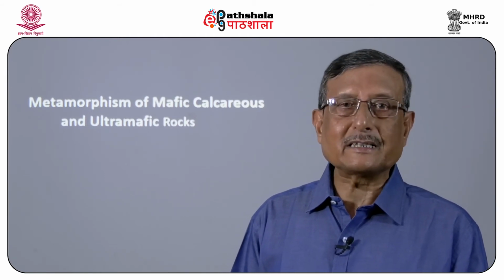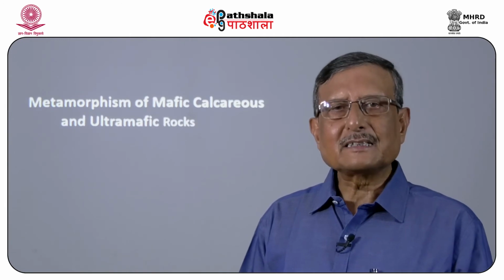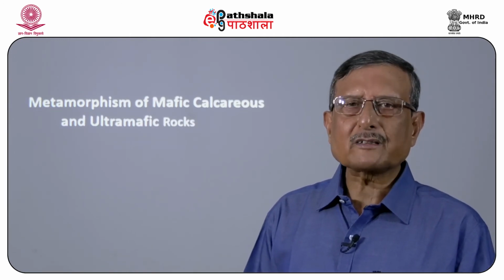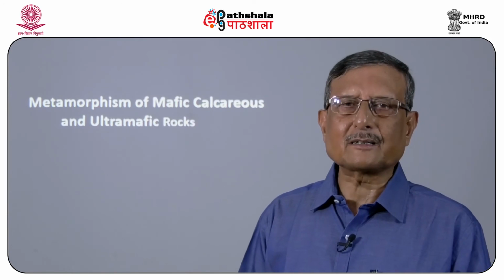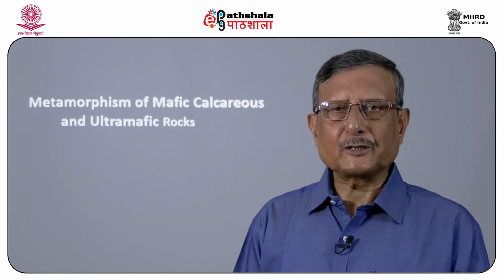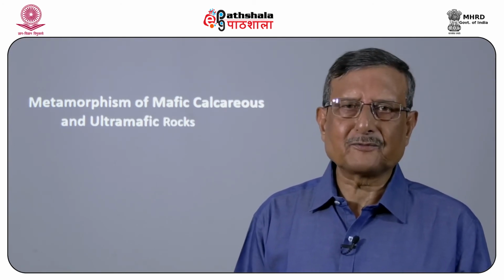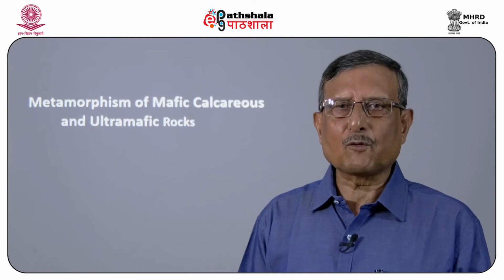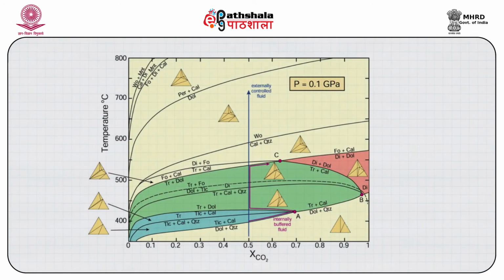So, you will mostly encounter isobaric T-XCO2 or T-XH2O diagrams in the case of calcareous rocks. I produce two such diagrams in figure 14.14a and 14b. 14a is a diagram constructed at 1 kilobar total pressure, fixed, in the system CaO, MgO, SiO2, CO2 and H2O.